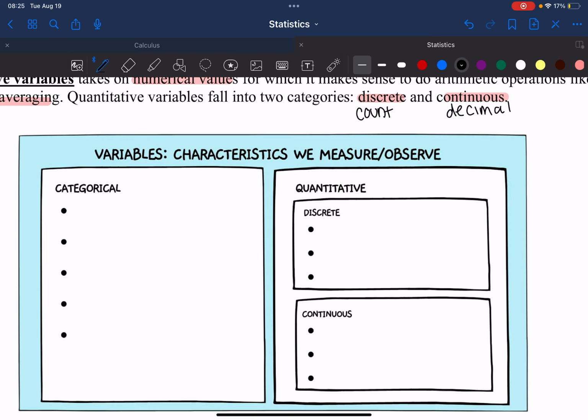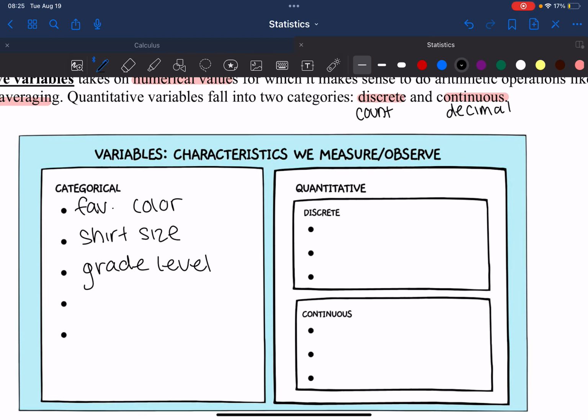So for example, we could say favorite color. Okay, blue, green, pink, red, etc. Those are all different types of colors. We could do shirt size. Okay, extra small, small, medium, large, etc. We could do grade level.